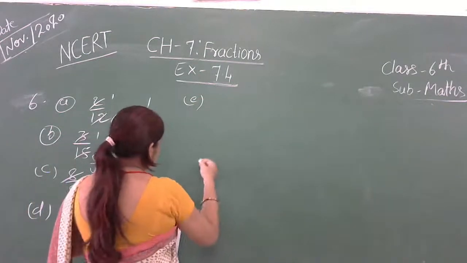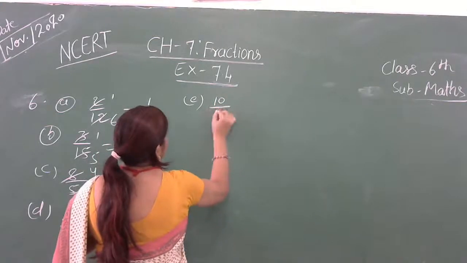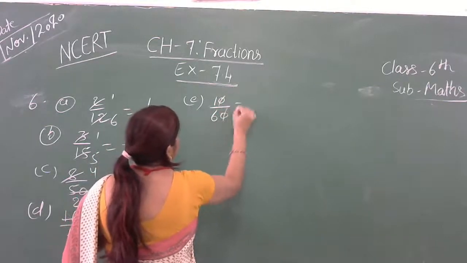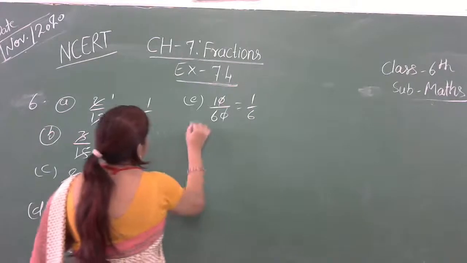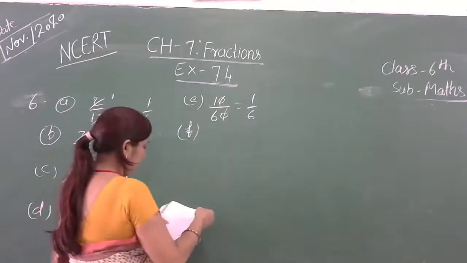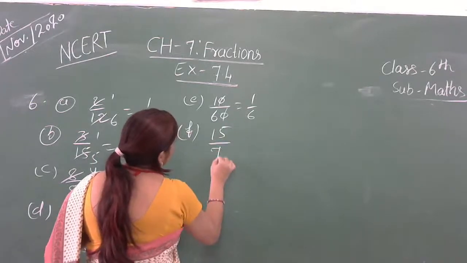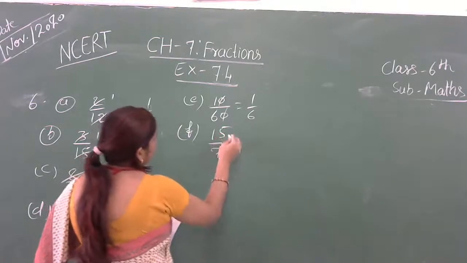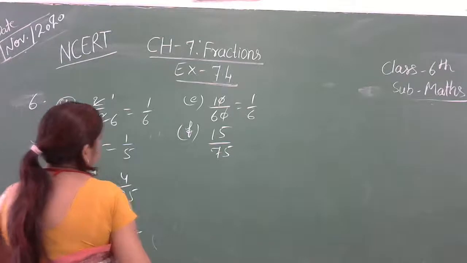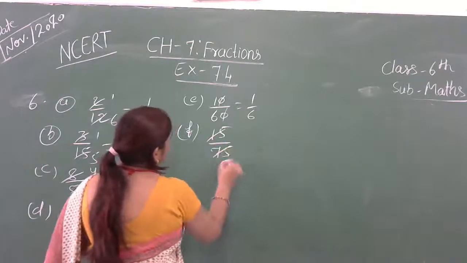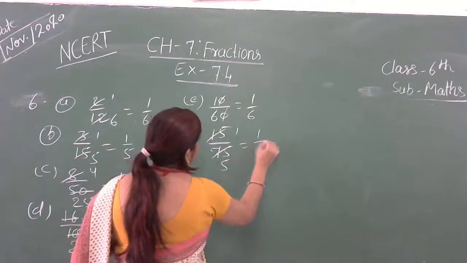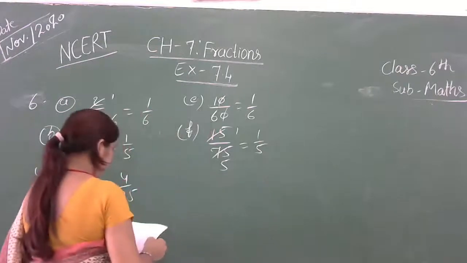Now E part: 10 upon 60, the zeros cancel, you will get 1 upon 6. F part, 15 upon 75. 15 5s are 75, you will get 1 upon 5.